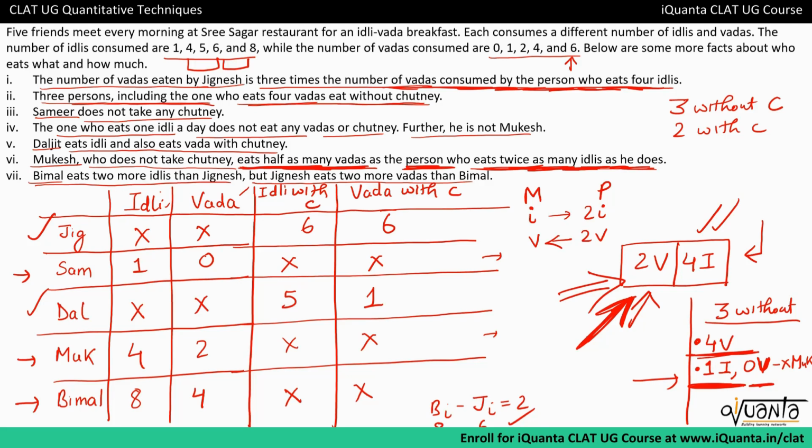If Mukesh is eating I idlis, that means 4 idlis, there should be a person who eats 8 idlis. Do we have a person eating 8 idlis? Yes, Bimal. Mukesh is eating V vadas, that means 2 vadas, so there should be a person eating 4 vadas, because 2V is 4. So we have a person eating 4 vadas, that is Bimal. So yes, all the clues are being satisfied in this case. We'll answer all the questions using this only.